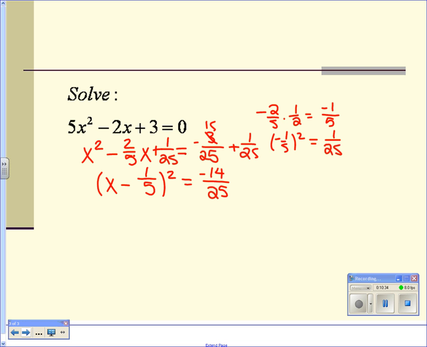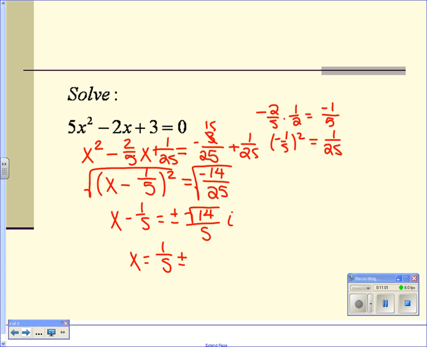You only do that when you take the square root. But yeah. So now you say plus or minus the square root of. Does that make sense? So what does x equal? Whenever you move it to the other side, the negative becomes a positive.